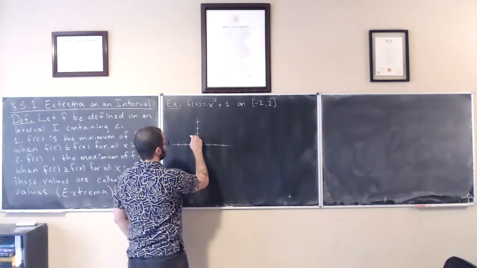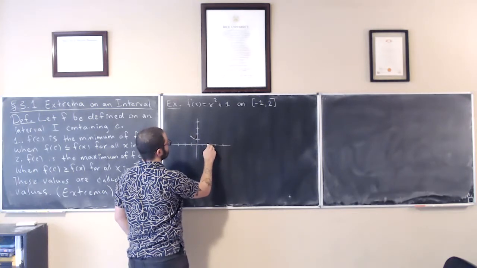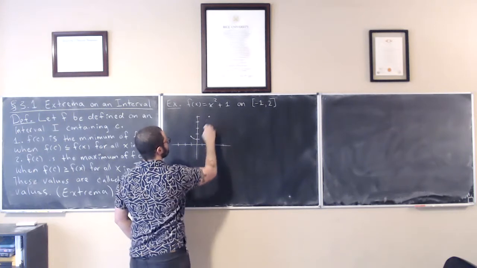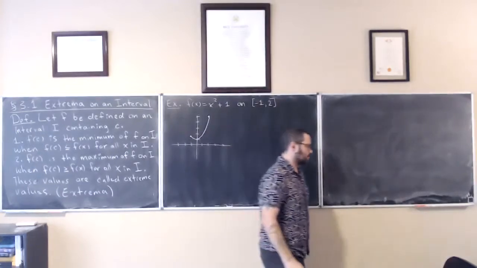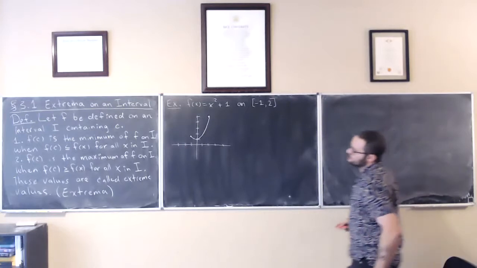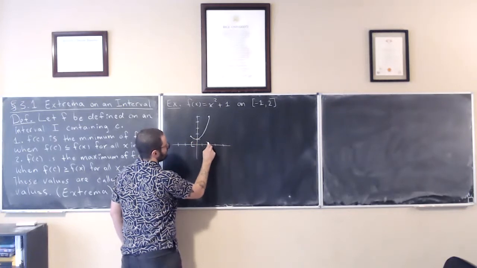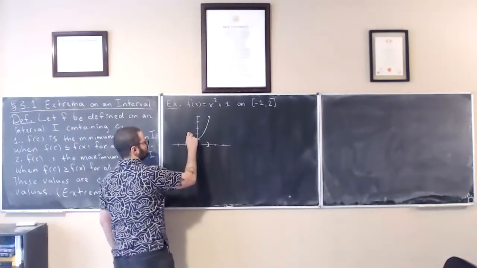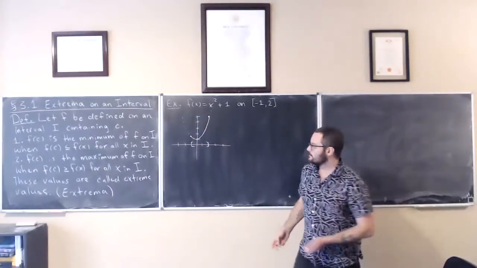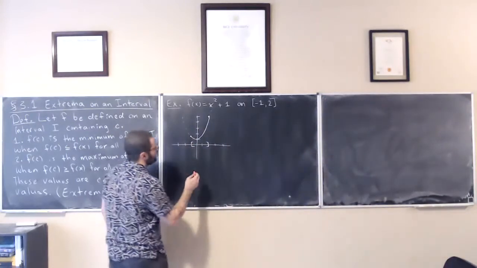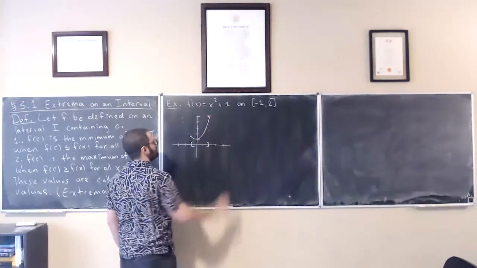So it looks something like this. So that would be the graph of this function. And this is considered over this closed interval here. Of course, the function continues and is defined everywhere, but we're only concerned about it on this interval. So we can see that the minimum of the function is there and the maximum is right there.